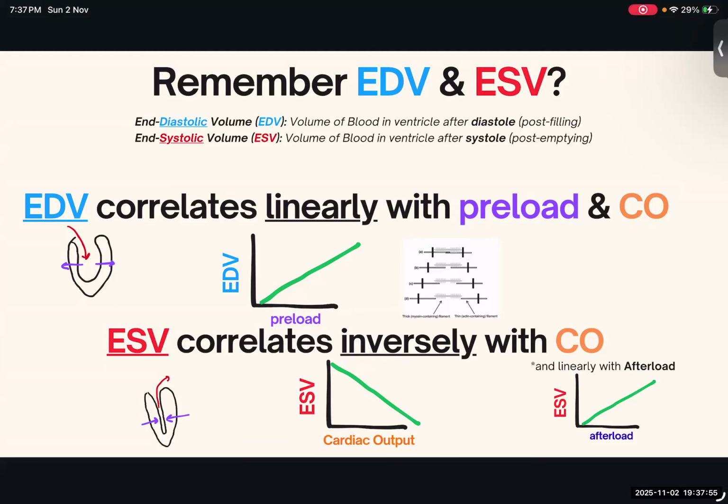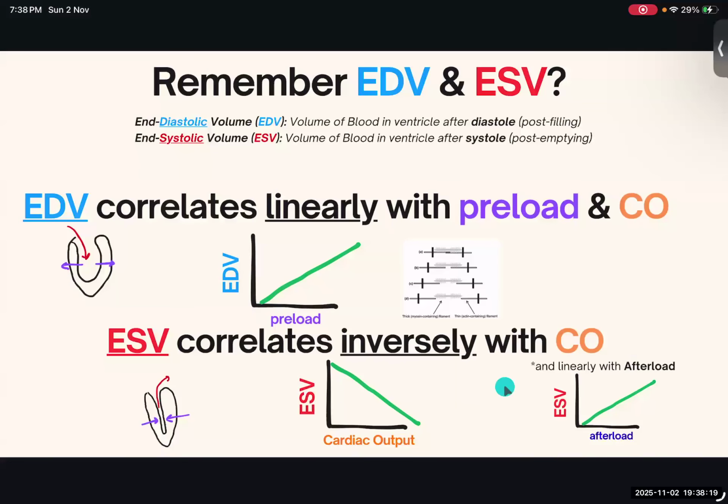Because the end systolic volume is the volume after I stroke. If the stroke volume is high, the ESV will be low. That means that is high cardiac output. But if the ESV is high, that means it didn't change much from the filling to the constriction. So that means that a high ESV means I have a lower cardiac output.